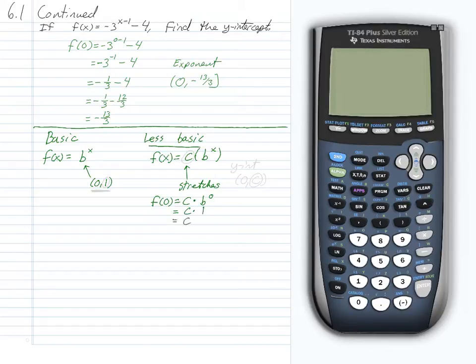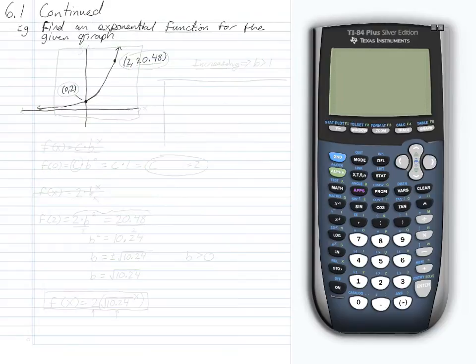So we get c. So this has a y-intercept of 0, c. Okay, so the original y-intercept, if all we're doing is stretching our graph, is going to get stretched from a height of 1 up to a height of c. Makes sense, right? Multiply that y value by c, you're going to get c at the end.